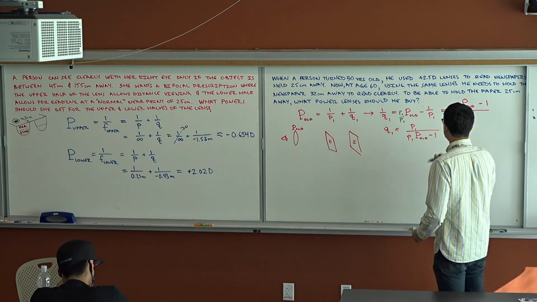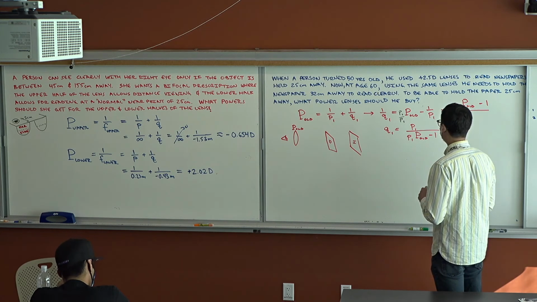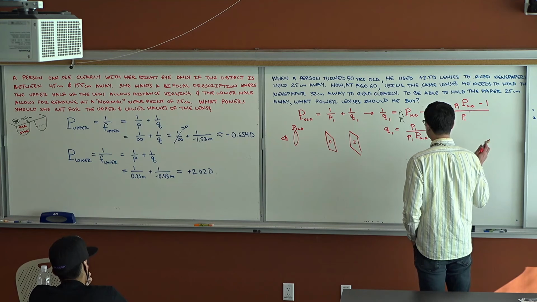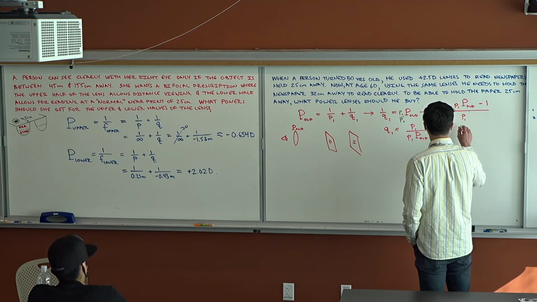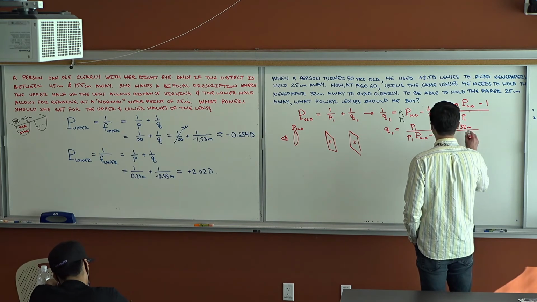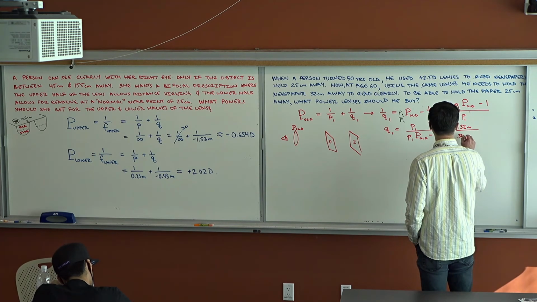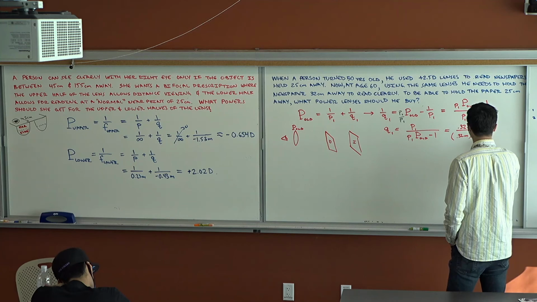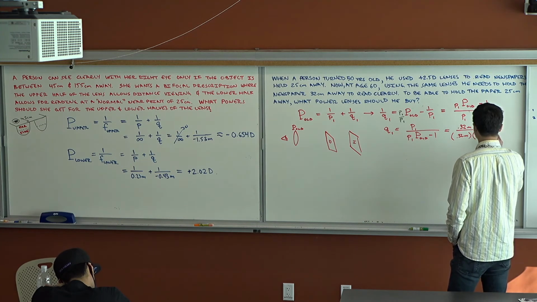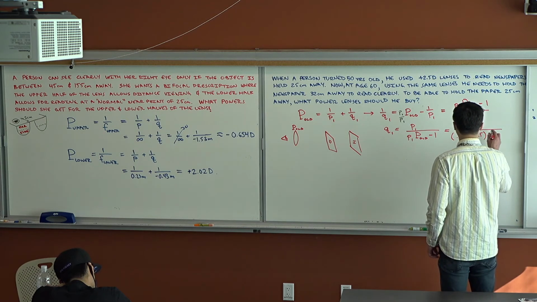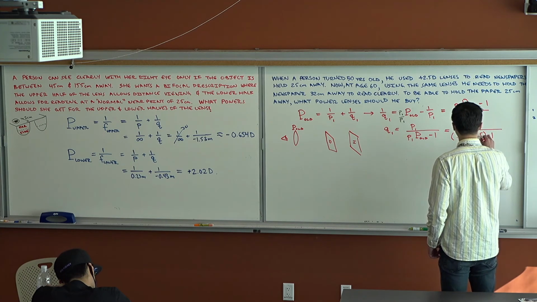So let's say P1 is 0.32 meters. 0.32 meters times 2.5 diopters minus 1. That's per meter.